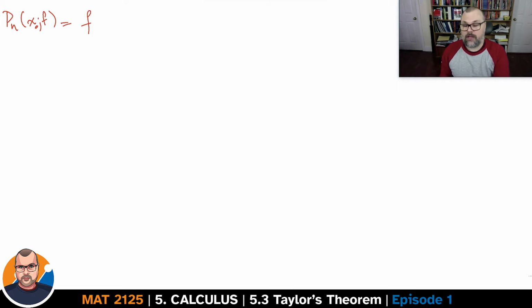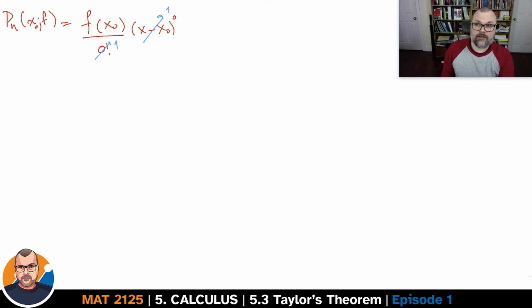That would be a constant term, the value of the function at x0 divided by 0 factorial times x minus x0 to the power 0. Now the clever student will remember that 0 factorial is just 1, and x minus x0, assuming that x is not equal to x0, is not 0, and anything nonzero to the 0 is also 1, so this is just f of x0, the value of the function at the point x0.